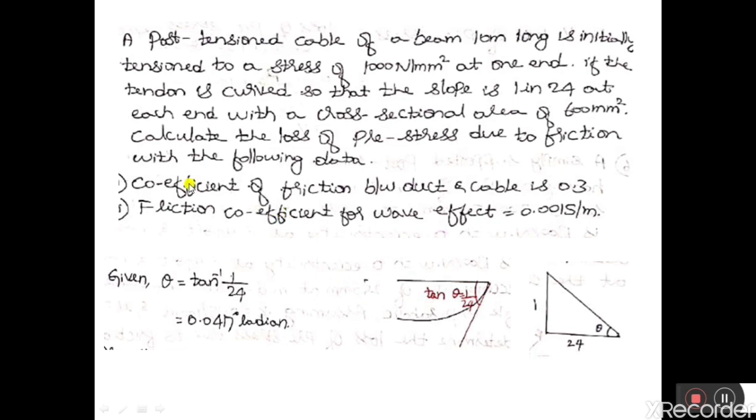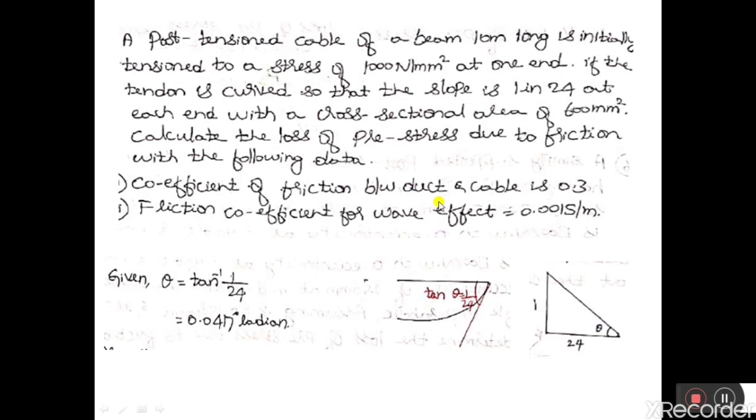The data given are: coefficient of friction between duct and the cable is 0.3, that is mu is equal to 0.3, and friction coefficient for wave effect is equal to 0.0015 per meter, that is K is equal to 0.0015 per meter. In this problem they have asked us to calculate the loss of pre-stress due to frictional effect.